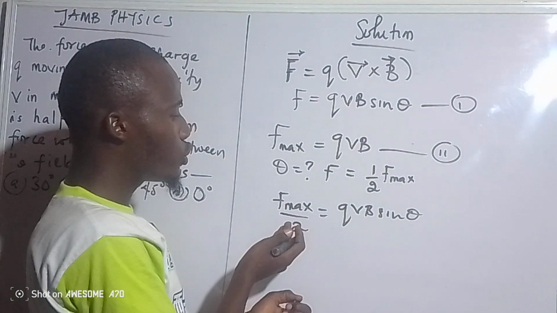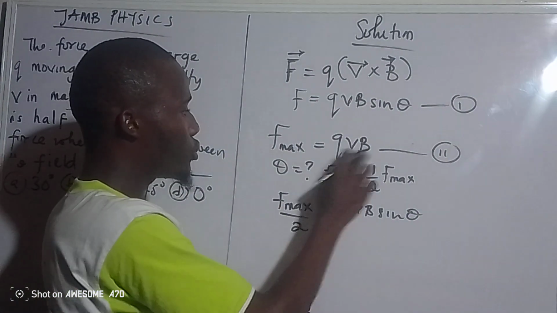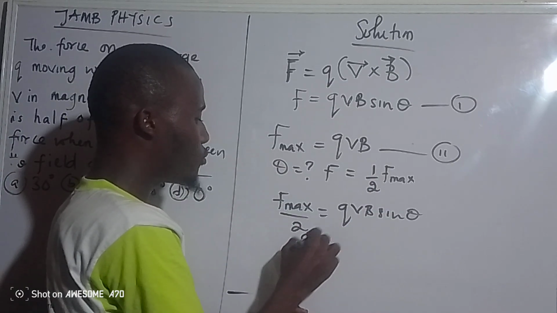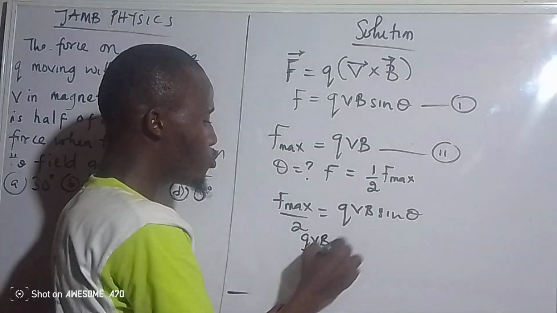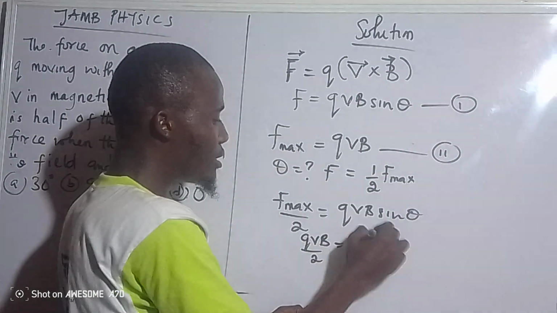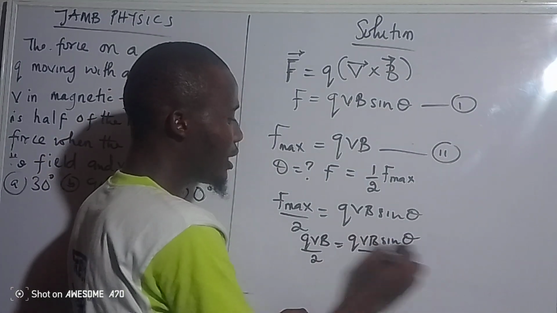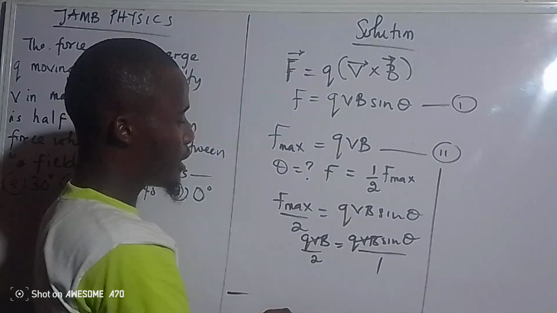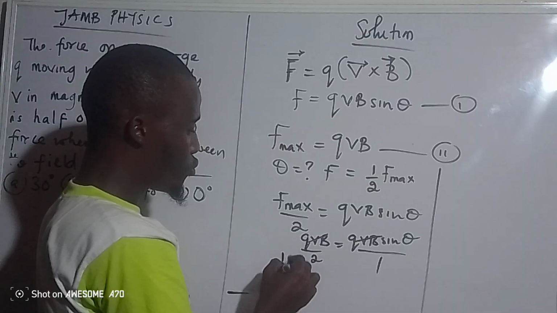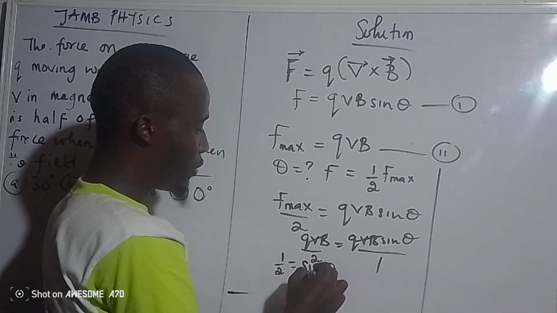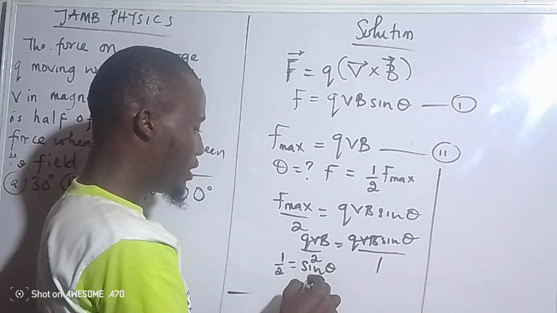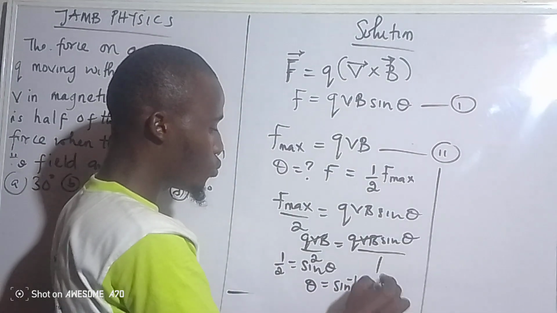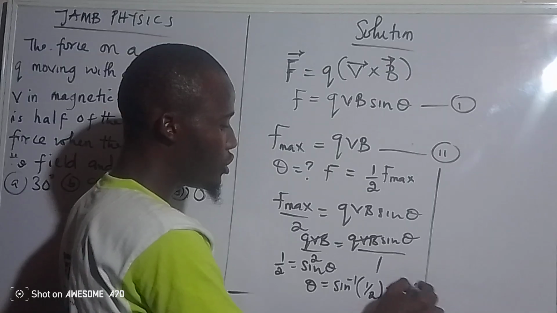And we have seen from equation 2 that our F max is QVB. Put the value there, we have QVB over 2 equals QVB sine theta. So we can cancel out QVB on both sides. We are left with 1/2 equals sine theta. If you take the arc sine of both sides, our theta should be equal to arc sine of 1/2, which is 30 degrees.